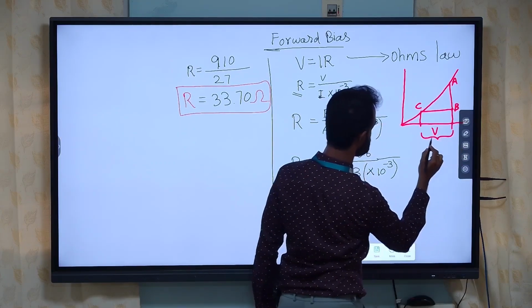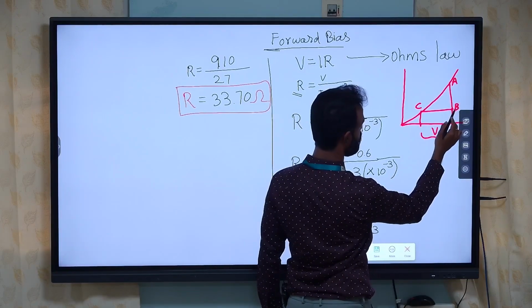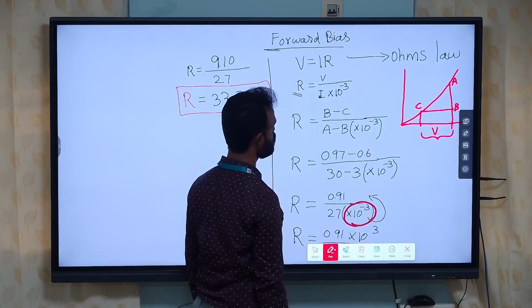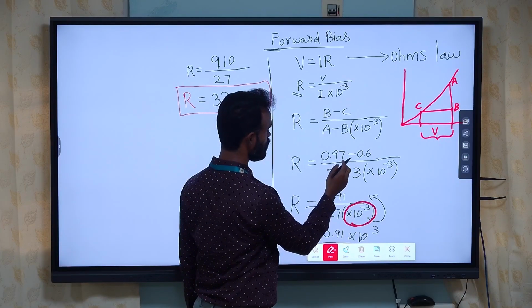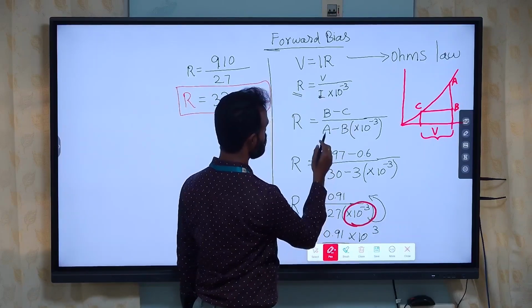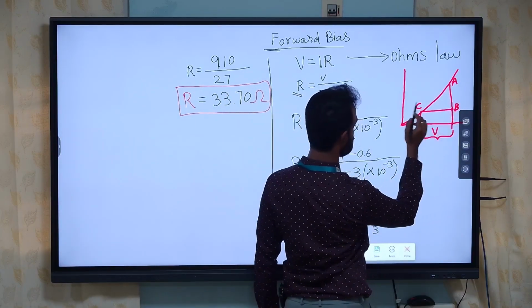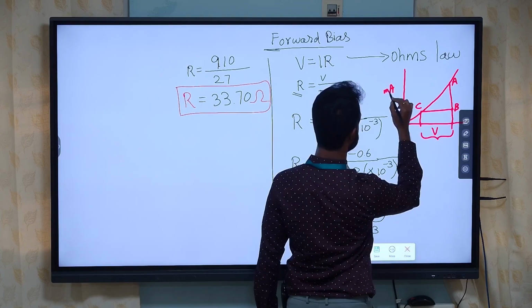This distance is voltage. So if we subtract B minus C, we will get the voltage value. Here it is 0.97 minus 0.6.